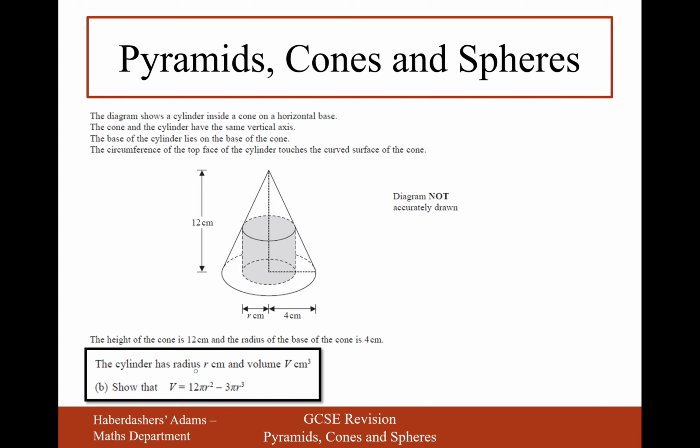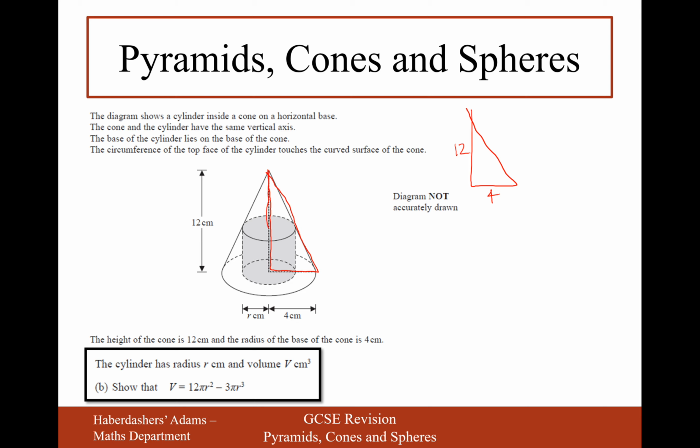The cylinder has a radius r and a volume v. Show that v equals 12 pi r squared minus 3 pi r cubed. Okay, so it took some while for me to get through thinking about this, but what I eventually sussed out was if you take the right angle triangle here, and we'll redraw it over here, then this will have a height of 12 and a base of 4.